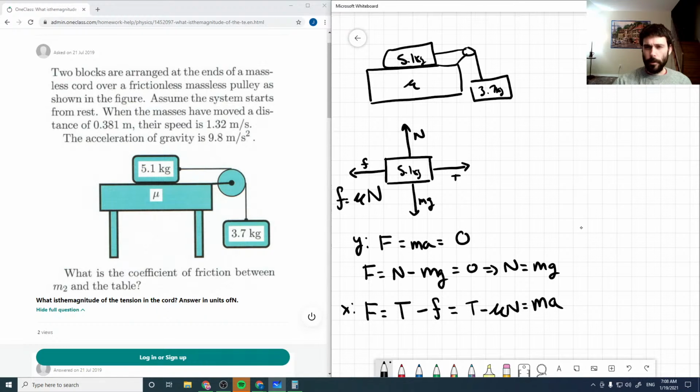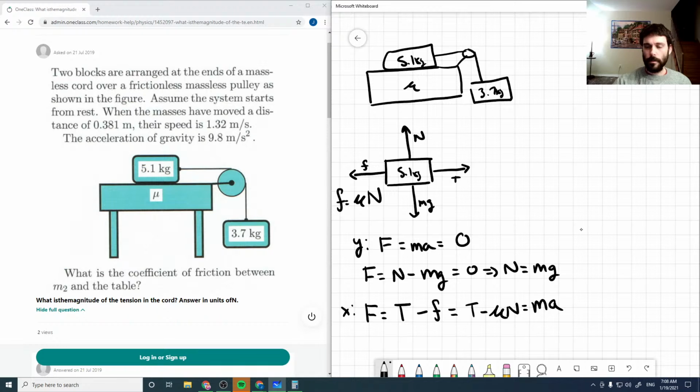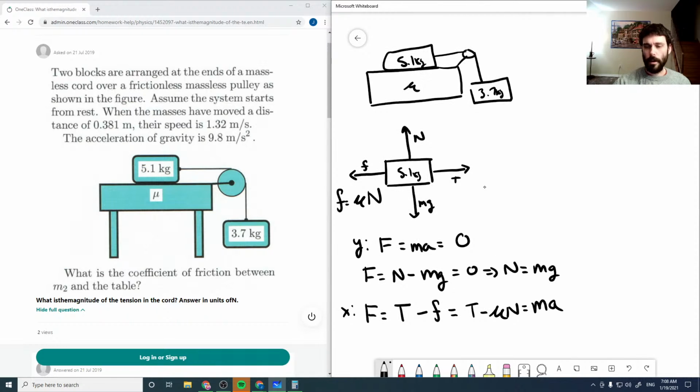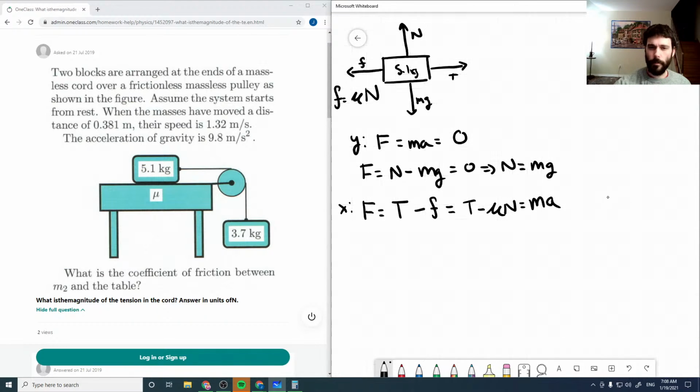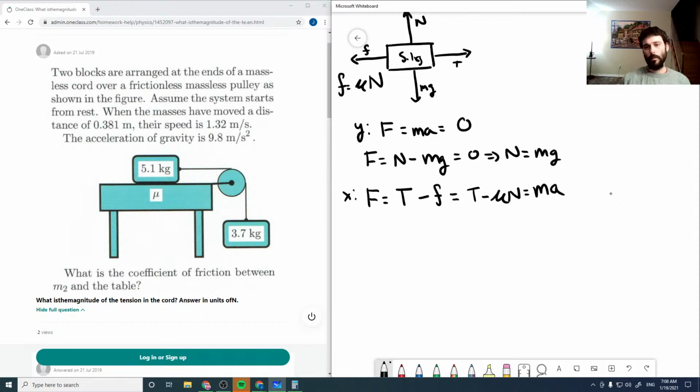So that means for a 3.7 kilogram mass, we'll want our motion in this direction to be positive. So for a 3.7 kilogram mass, we would have mg and tension, but we want this to be our direction of positive travel.